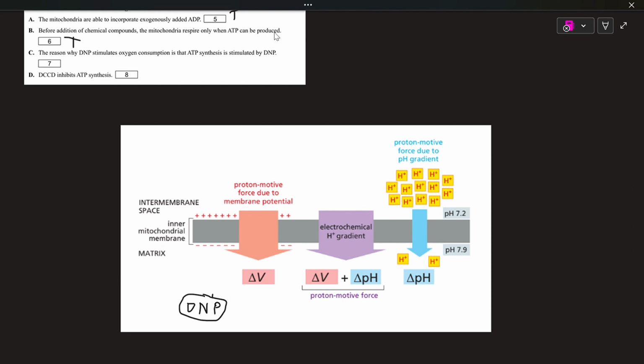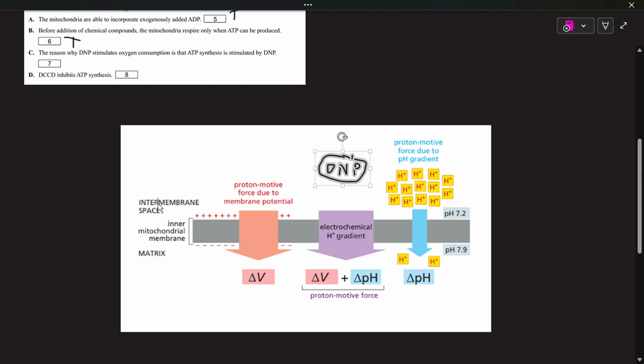And then DNP goes again into the intermembrane space, picks up a proton again, and goes to the matrix to release the proton. So this causes the matrix to have a high concentration of proton, and the intermembrane space a low concentration of proton. Because of this effect, the mitochondria try to equalize the concentration of protons between the intermembrane space and the matrix.